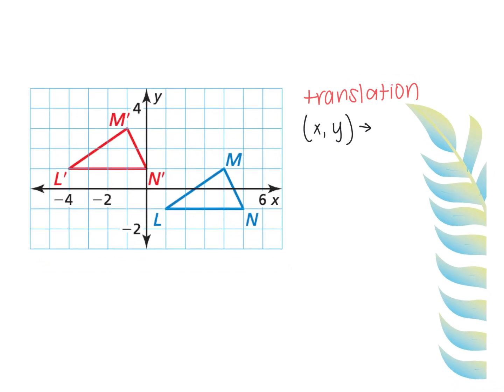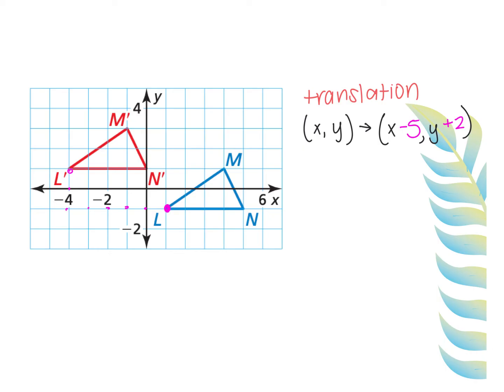What you're going to count is you're going to start from the L. And for your X, you're going to count left and right. So you're going to go 1, 2, 3, 4, 5. Because I'm going to the left, it's going to be X -5. And then my Y, I'm going to count 1, 2. I'm going up, so it's +2. And that's my rule for this transformation.